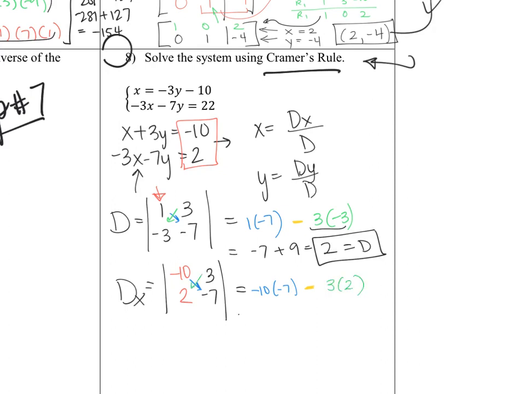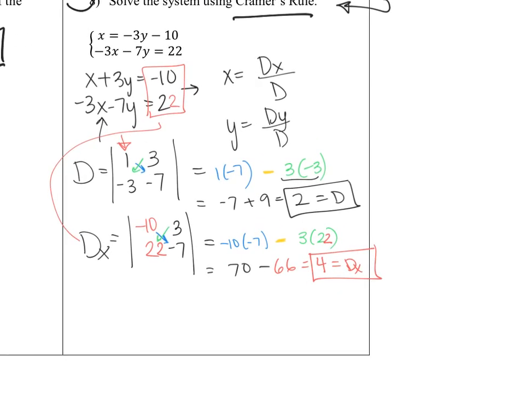So this is going to be equal to 70 minus, oops, what did I just miss? That was a 22. Let me step back for a second. This was supposed to be a 22. And just double checking, that should have been 22. So 70 minus, that's 66. So be careful there, which gets me a 4. That's my Dx.